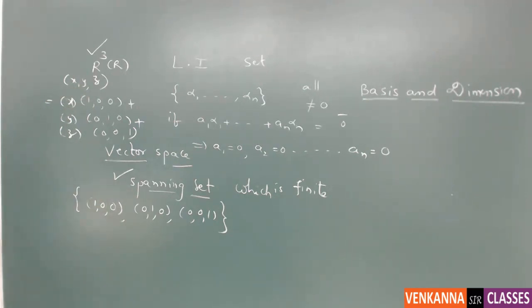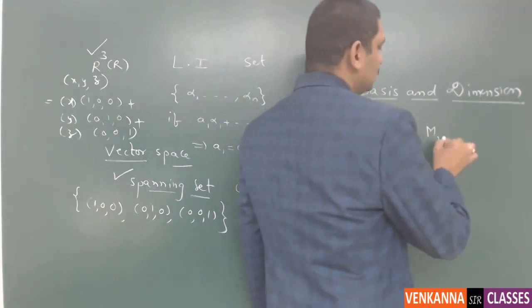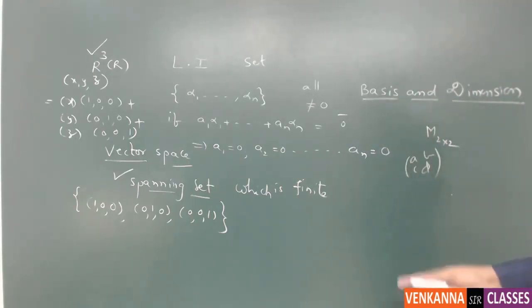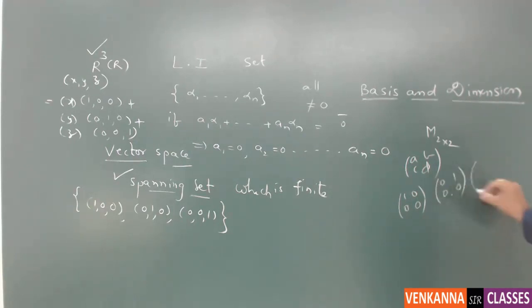In the previous class we also took one more example: all square matrices of order 2 by 2. Whenever you take a 2D matrix, its spanning set is the combination of ones and zeros: 1000, 0100, 0010 and 0001.